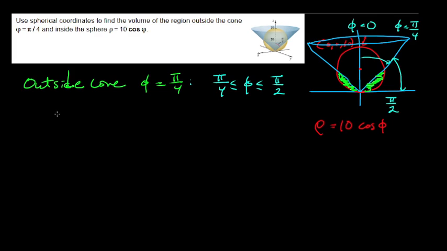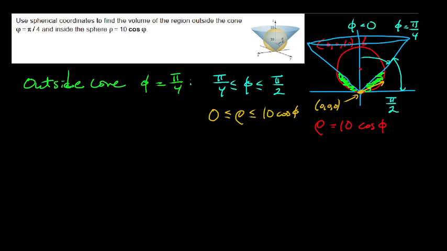And then rho starts at the origin, which is (0, 0, 0), right here, and we want to go from that to the outer edge of the sphere. So that's simply between rho equals 0 and rho equals 10 cosine of phi.